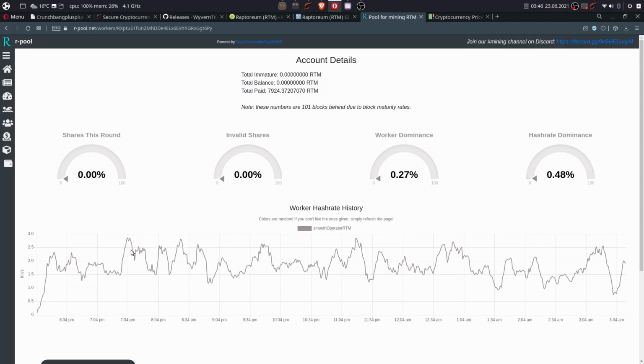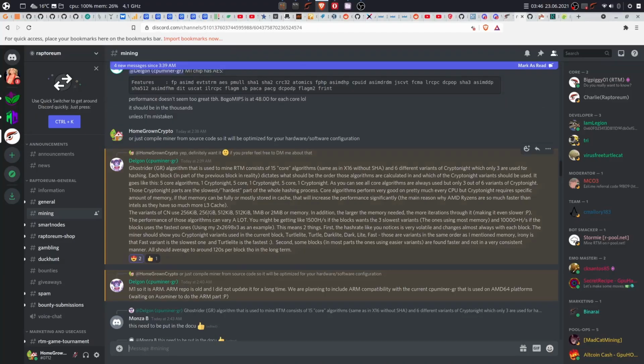This is actually pretty normal behavior for Raptoreum mining, as Raptoreum's Ghost Rider algorithm is an algorithm consisting of multiple different algorithms, and this algorithm switching causes such differences in hash rate over time.